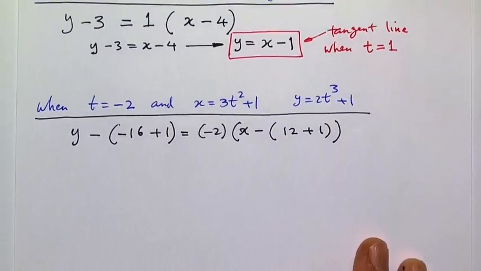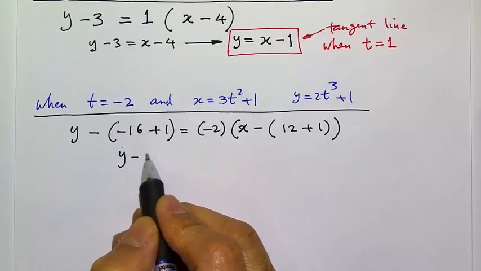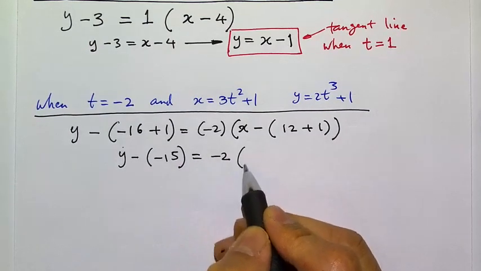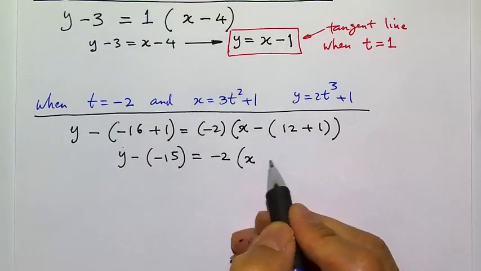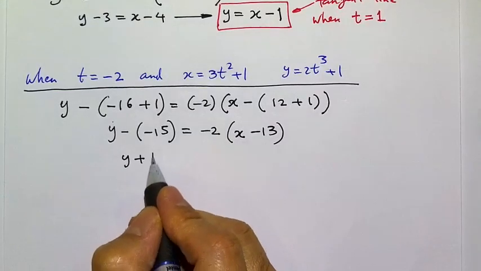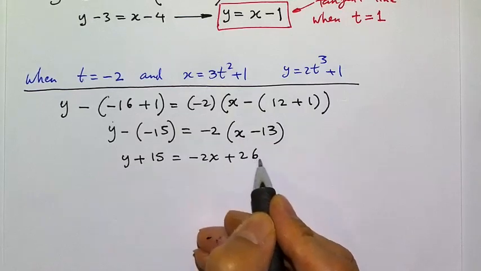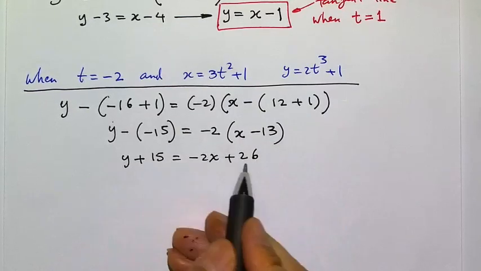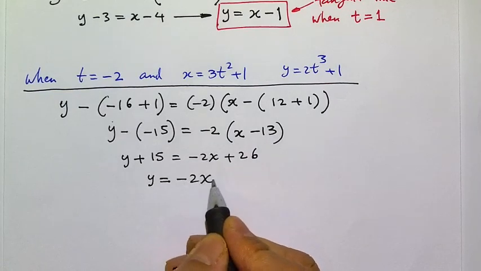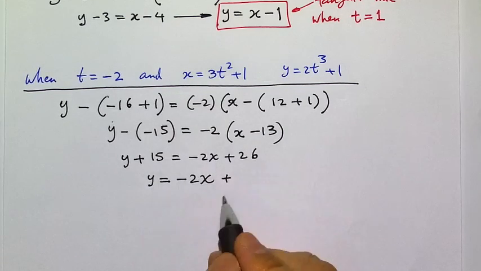Okay. So now we're going to simplify this. We have y minus 15 equals minus 2 times x minus 13 there. Okay, so then we have y plus 15 equals minus 2x plus 26, and then moving this positive 15 to the other side, y equals minus 2x plus 11, right, after combining this with that.